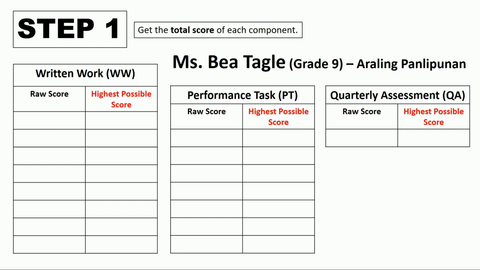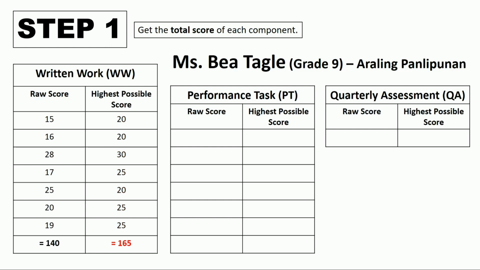For the written works of Miss Rhea Tagle, she was able to comply with all 7 written works, and these are the scores, with a total of 140. On the second column, these are the highest possible scores of each written work, with a total of 165.